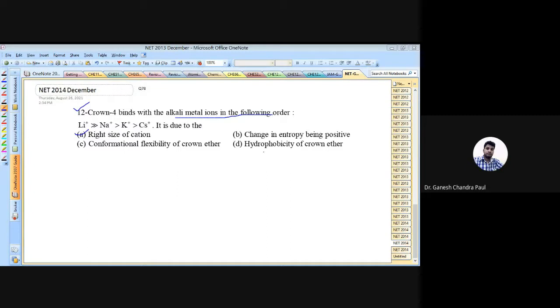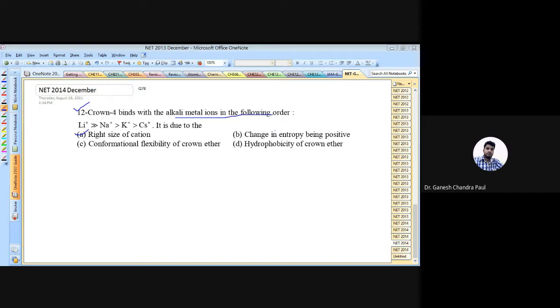Yes, one more important part is that the size of the cavity of the crown ether, right? Yes. Is there any option? You just check once.